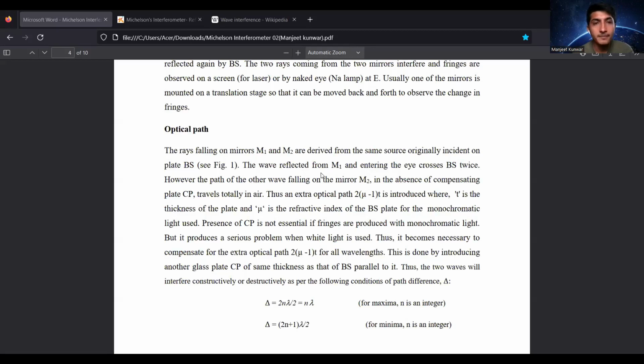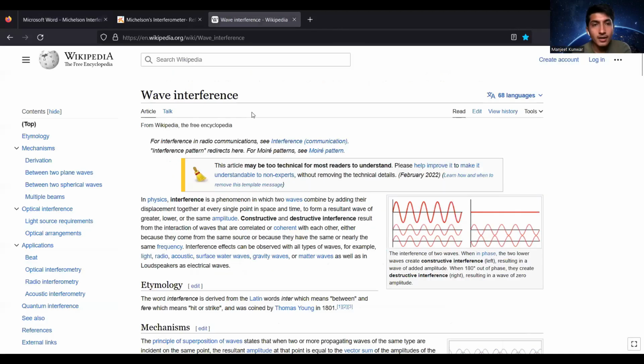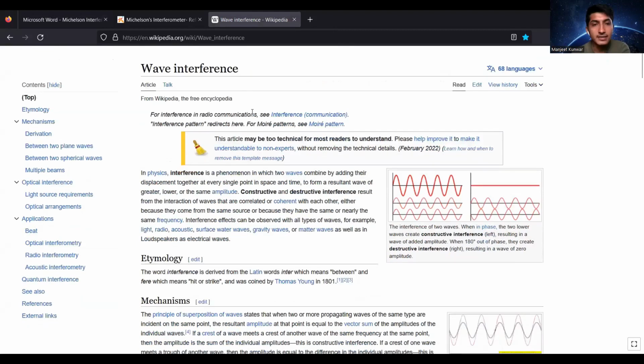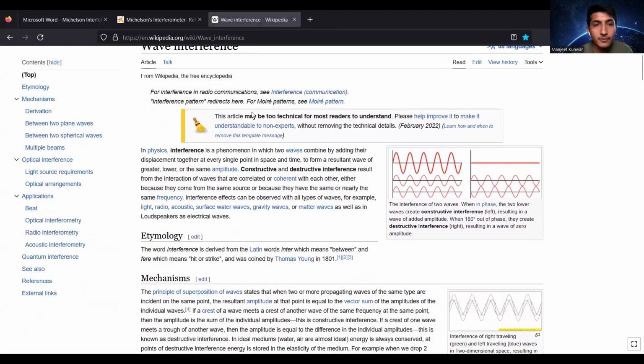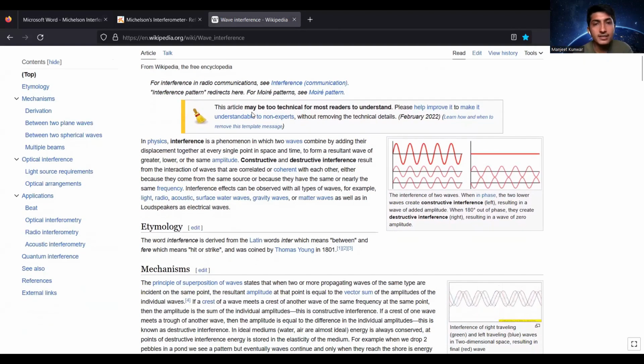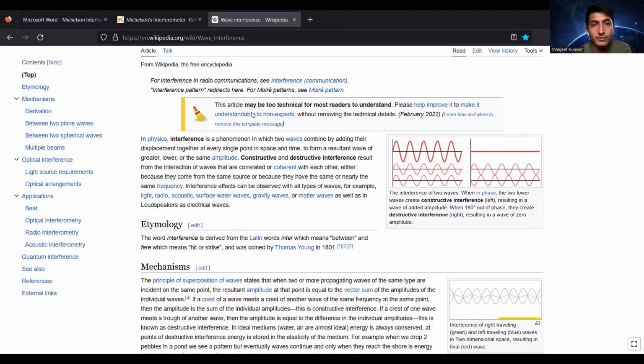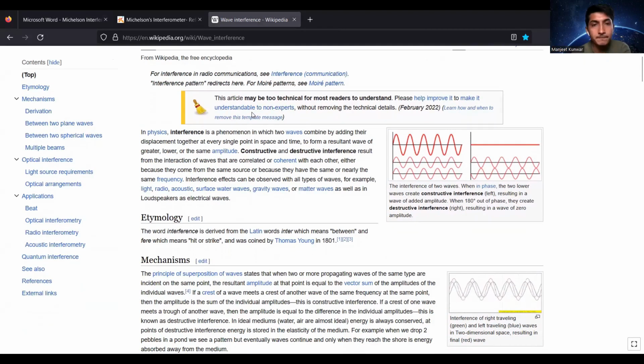In contrast, the Michelson interferometer works on the principle of interference, and I am going to elaborate through Wikipedia. Here we have wave interference. Interference is a phenomenon when two waves combine by adding displacement at a single point in time and space.